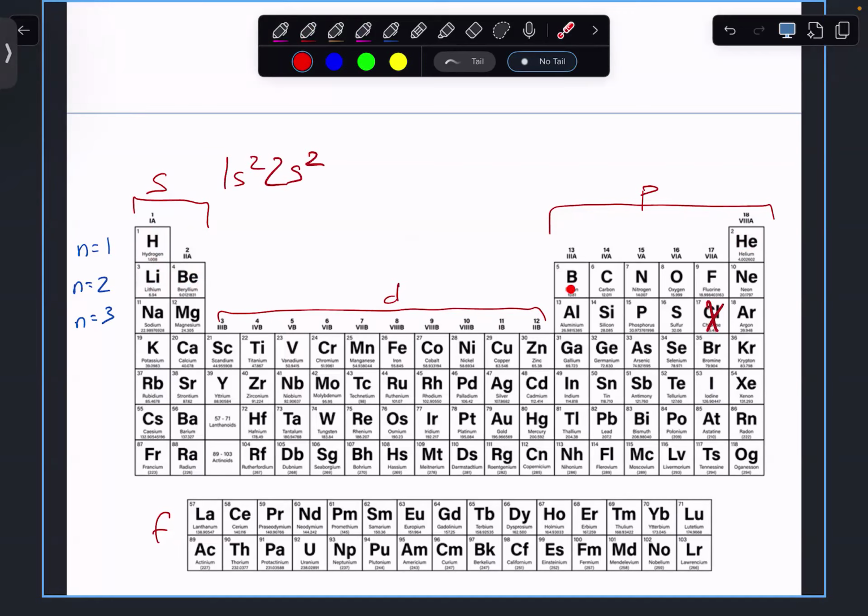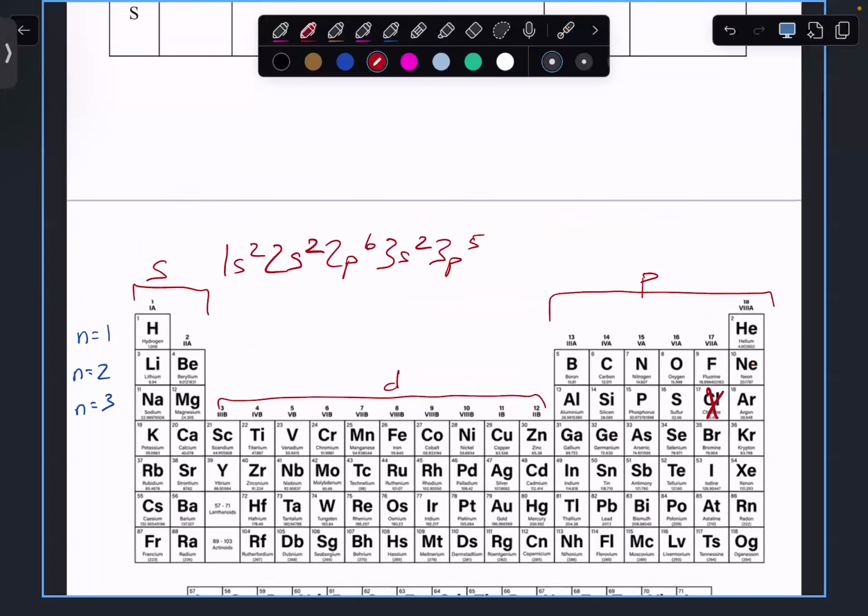Then we jump over to the 2p's, and we're going to go 2p6. And that gets us to neon. And then we go down to the 3's, 3s2. And then where are we? We want 1, 2, 3, 4, 3p5. And that gets us to where we are trying to get.